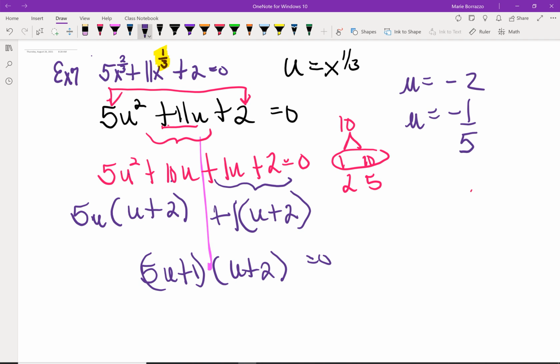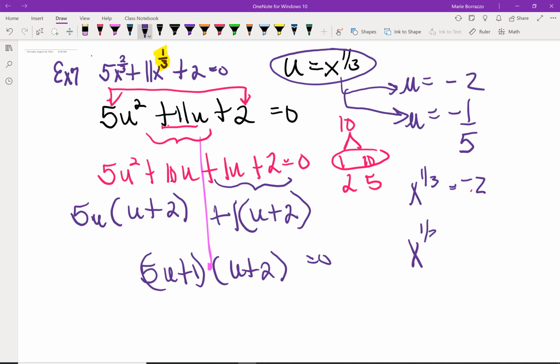Now remember, I'm going to substitute in x to the 1/3 for u, respectively. So in reality, I have x to the 1/3 is equal to -2, and I have x to the 1/3 is equal to -1/5. I'm now going to raise both of these to the 3rd power, always the reciprocal, basically 3/1.